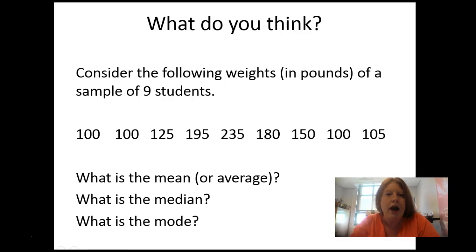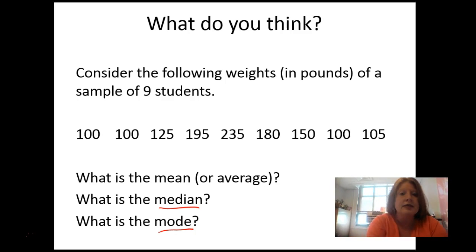Okay, so before I would figure this out, I would actually put everything in order from smallest to largest. And when you have a very small data set like this and you're going to do things by hand, I would encourage you to do that, especially if you're going to look for something like the median or the mode. It's going to be a lot easier if the numbers are in order from smallest to largest. So if you do that, you should have 100, 100, 100.